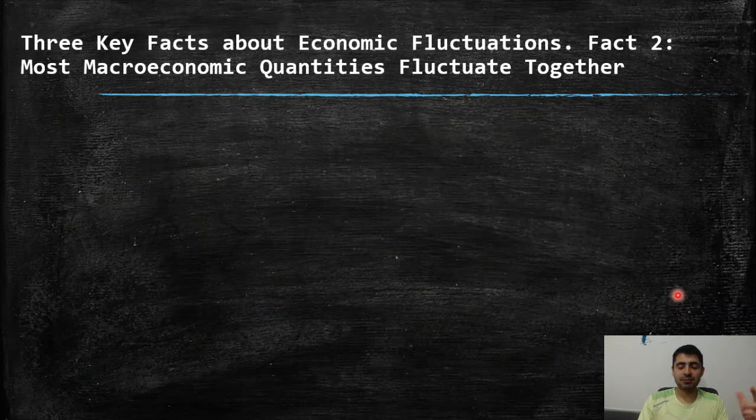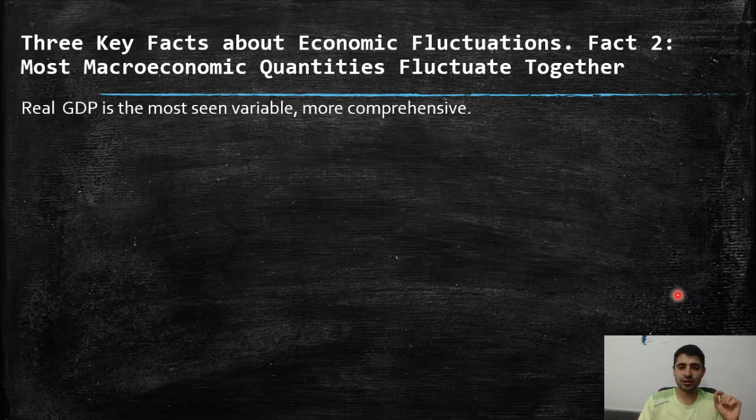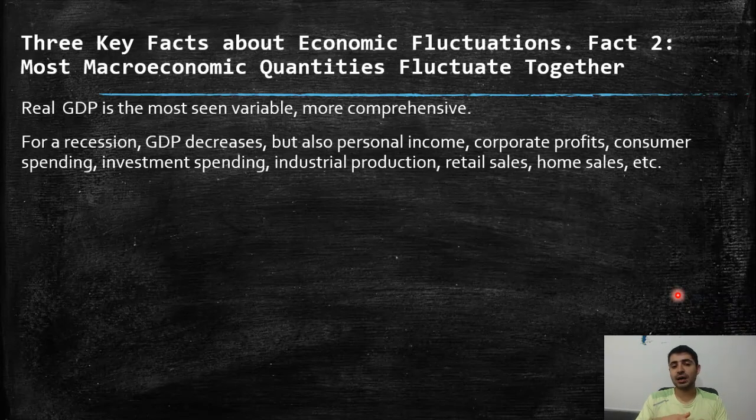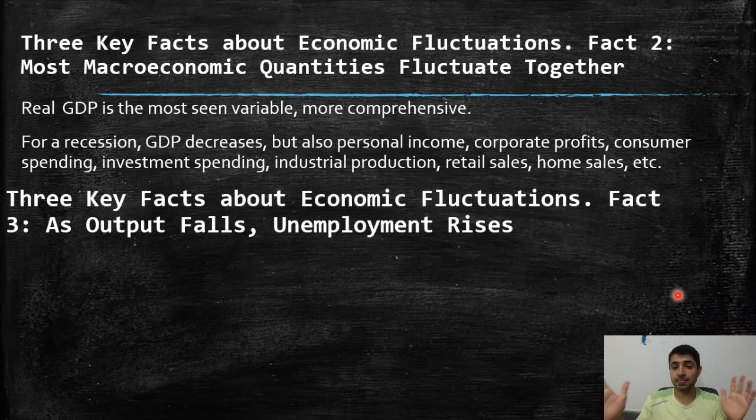Fact two: most macroeconomic quantities fluctuate together. Real GDP is naturally the most seen variable, the most comprehensive, but in a recession not only does GDP decrease, but also personal income, corporate profits, consumer spending, investment spending, industrial production, retail sales, home sales, etc. This is what we are unfortunately experiencing today.